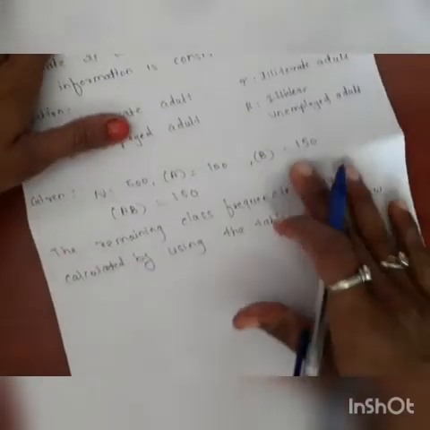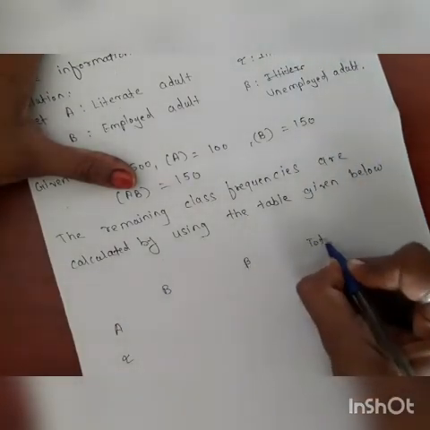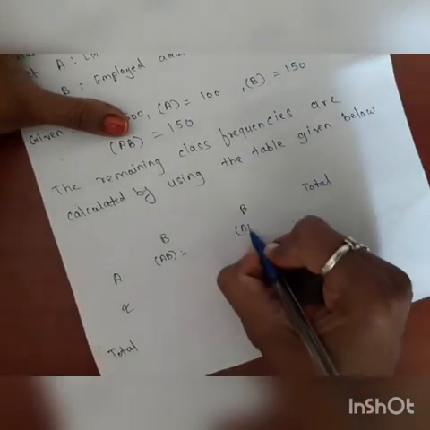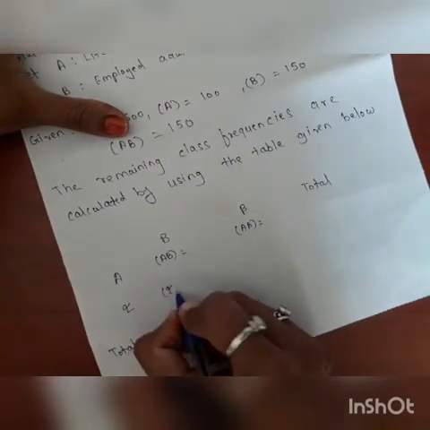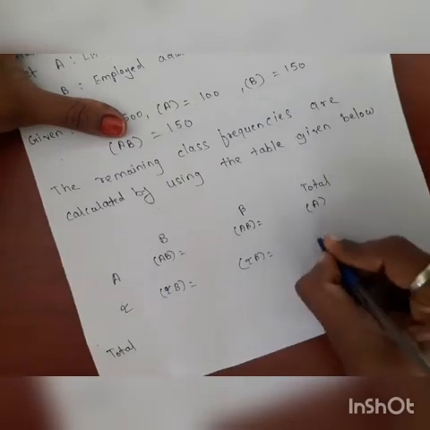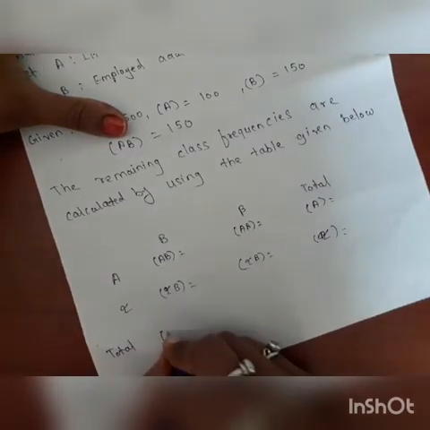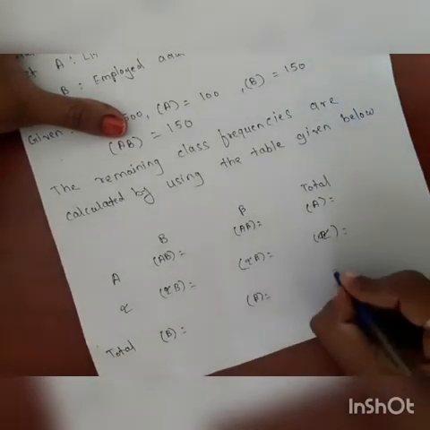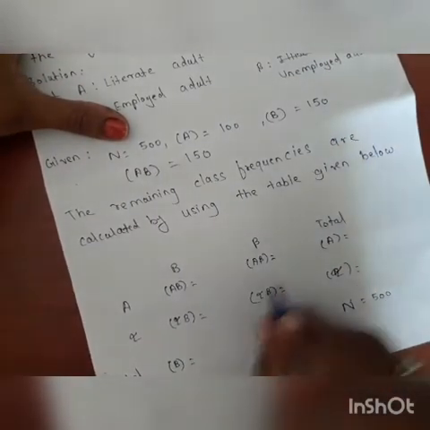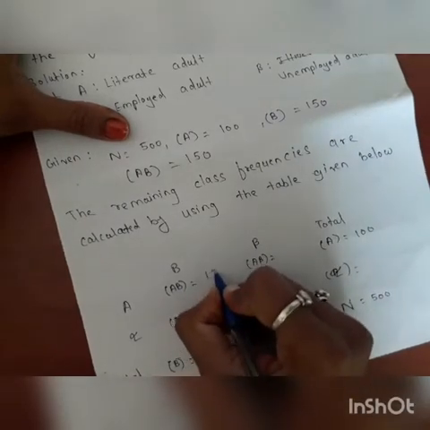So write down the table: A, α, B, β, total; (AB), (Aβ), (αB), (αβ); capital (A), (α), (B), (β), N. So here put the given things, that is capital N is 500, next (A) is 100, (B) is 150 and (AB) is 150.